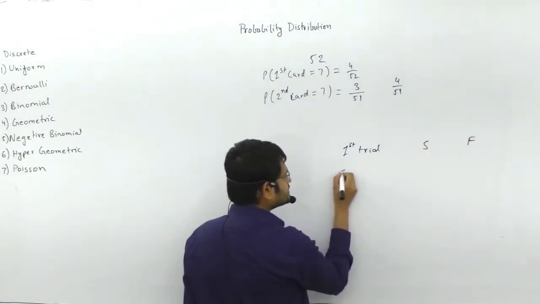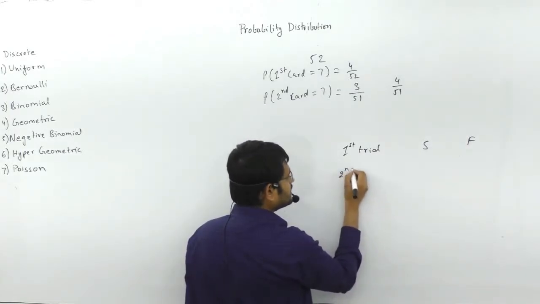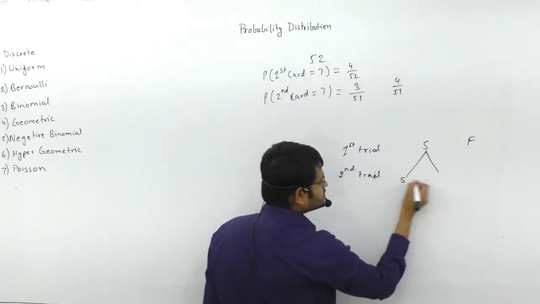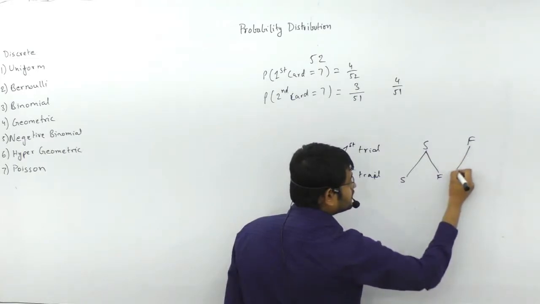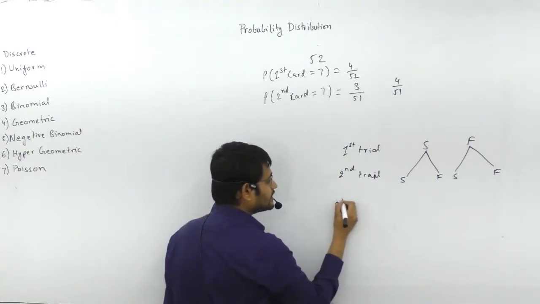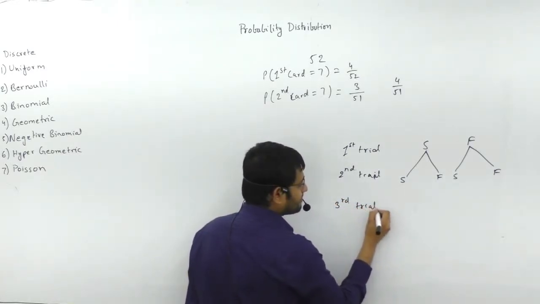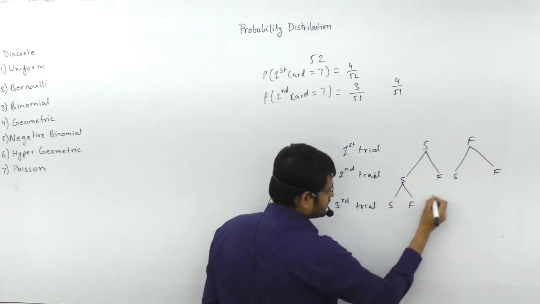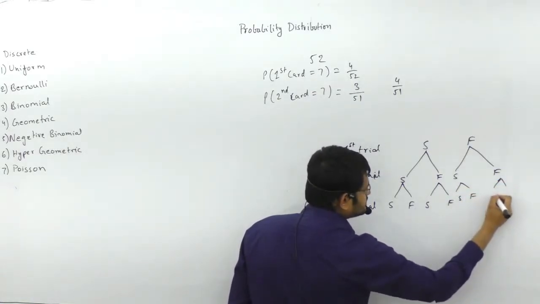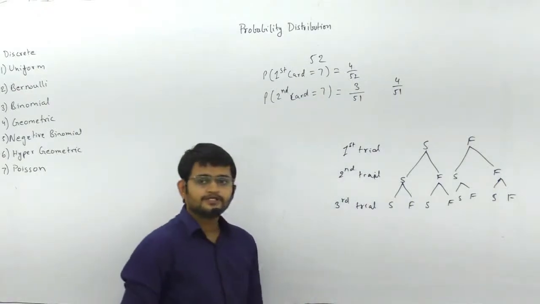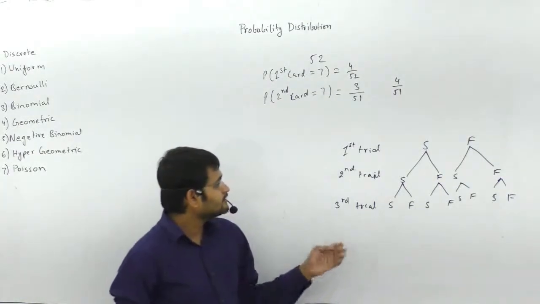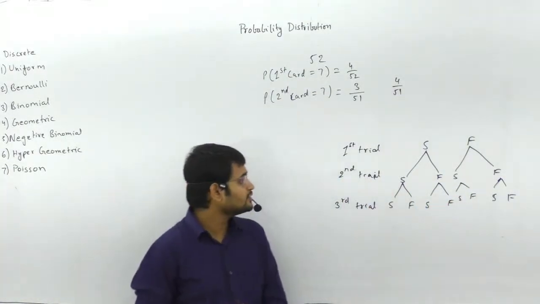Now if we have success in the first trial, the second trial can again have either a success or a failure. Similarly, if I have failure in the first, I can have success or failure. And then again in the third one, I can have either success or failure, on every path. So it becomes very difficult to define a distribution when there are so many different paths that a particular probability can take.